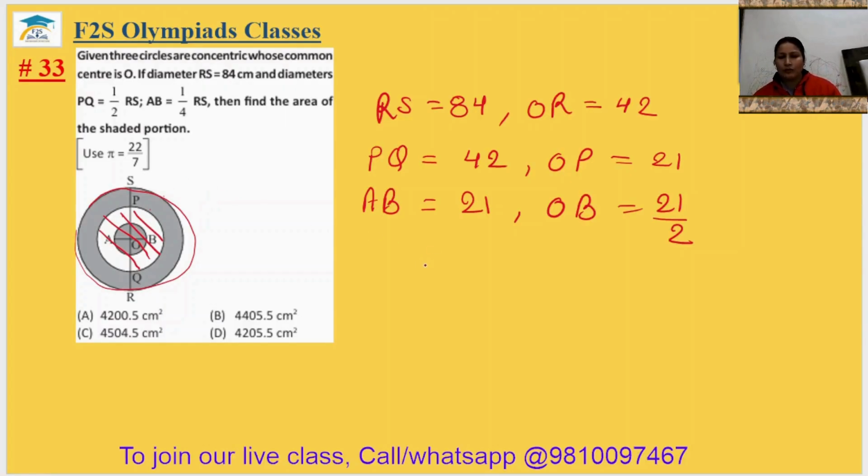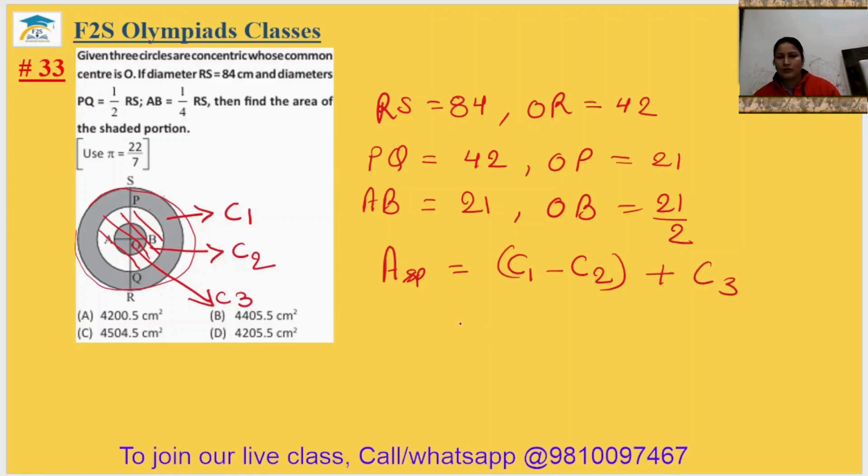Okay? So suppose this is the circle 1, this is the circle 2, and this smaller one is the circle 3. So the area of the shaded part will be C1 minus C2 plus C3. So C1 will be 22 by 7 multiply by 42 multiply by 42, minus 22 by 7 multiply by 21 multiply by 21.